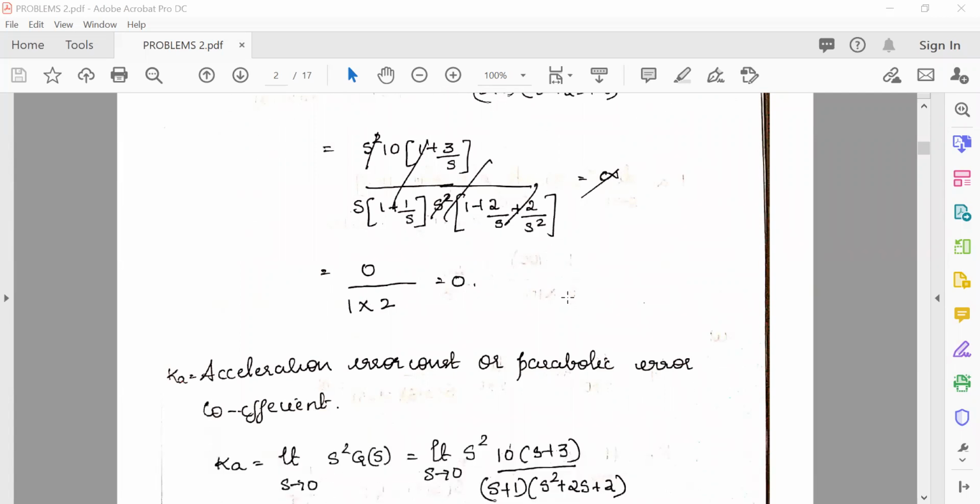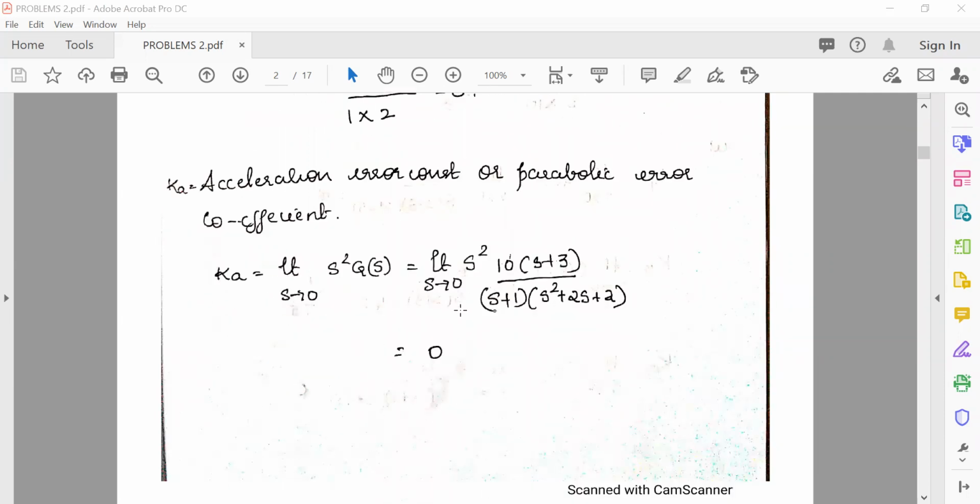Next, acceleration error constant or coefficient, also known as parabolic error coefficient, because these values are for parabolic input. Then it is s square into g of s into h of s. H of s is 1, so it is s square into g of s.